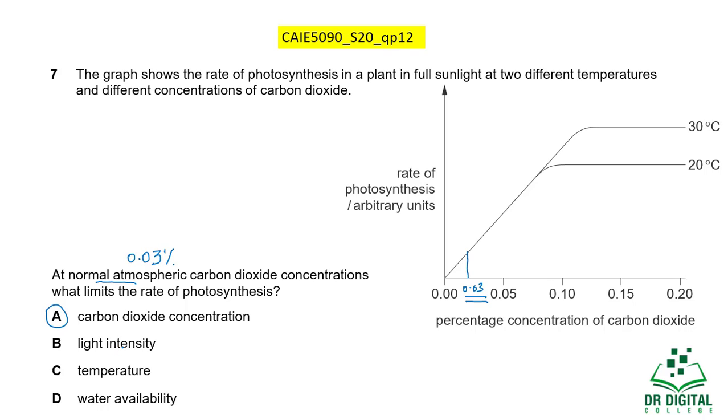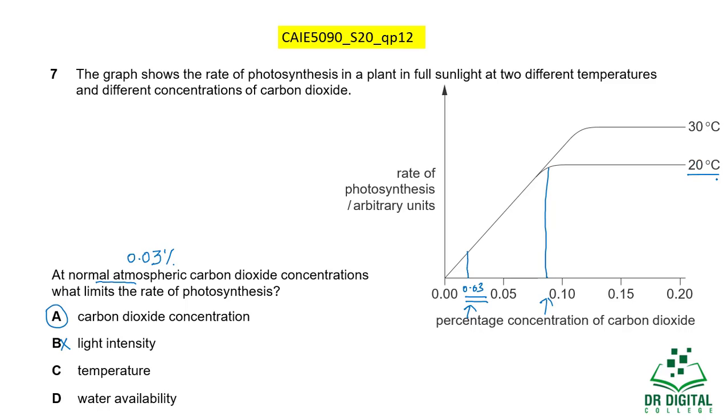Light intensity cannot be the limiting factor here, because we have not investigated it here. Nowhere is it mentioned what light intensity is available. So option B is wrong. Similarly, temperature cannot be the limiting factor at this point. Temperature can be the limiting factor when there is saturation of carbon dioxide.